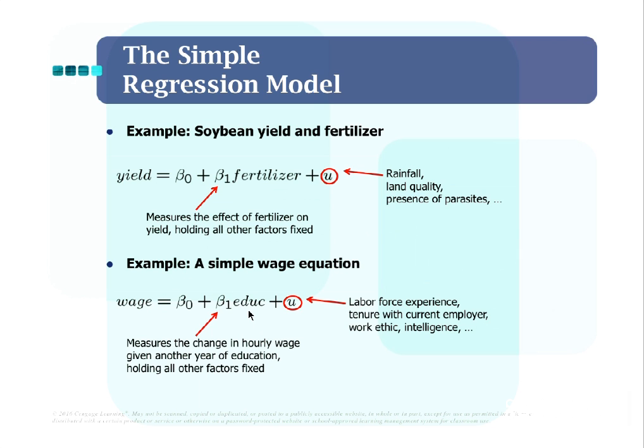So this is the meaning of this beta. Very often this beta 0 is not very important; in very rare cases we will focus on this intercept. The most important parameter is this beta 1 here.